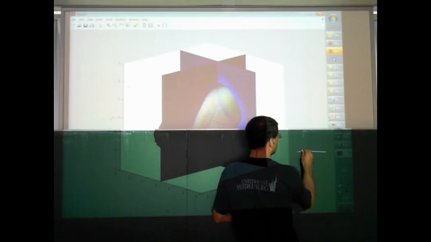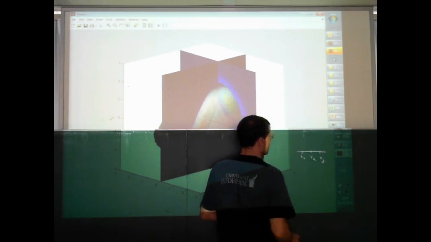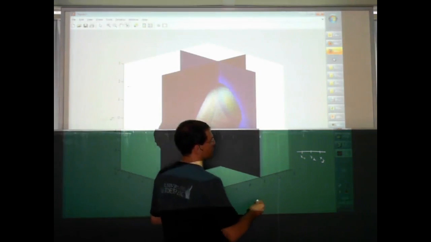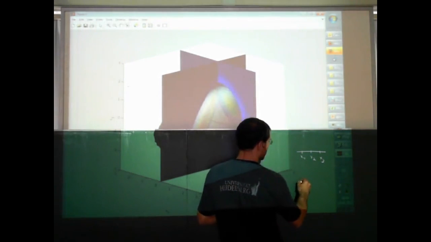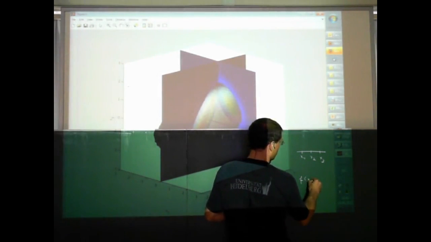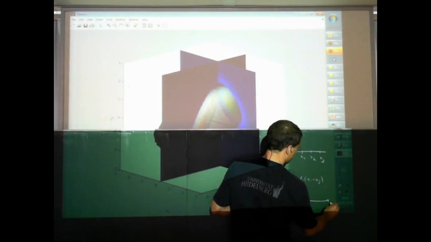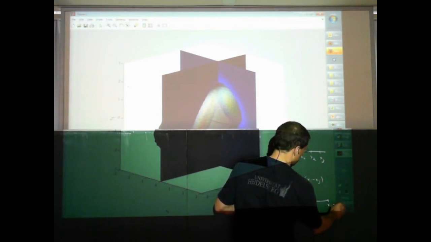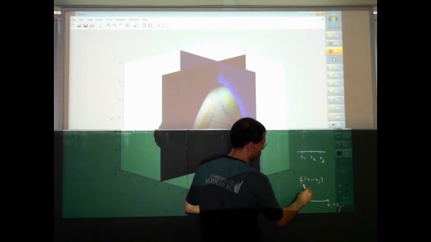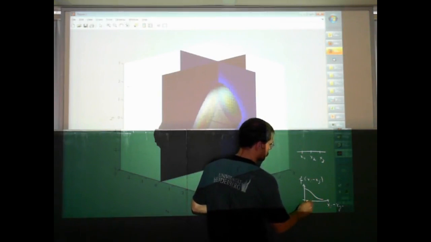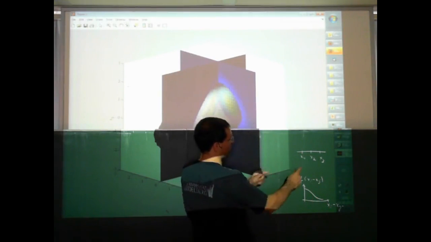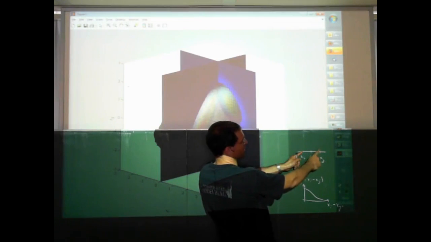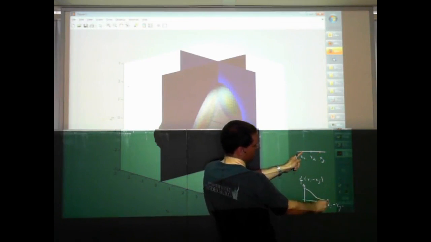So again, the situation I consider is here x1, x2, and x3. And I used a function, I think I used the RBF kernel here. So this means that between x1 and x2 I have a lot of correlation, between x1 and x3 I have a little bit of correlation, as measured by this function here, and so on.